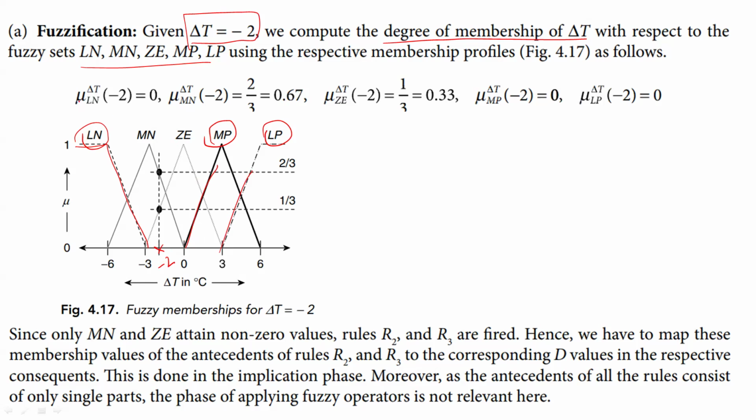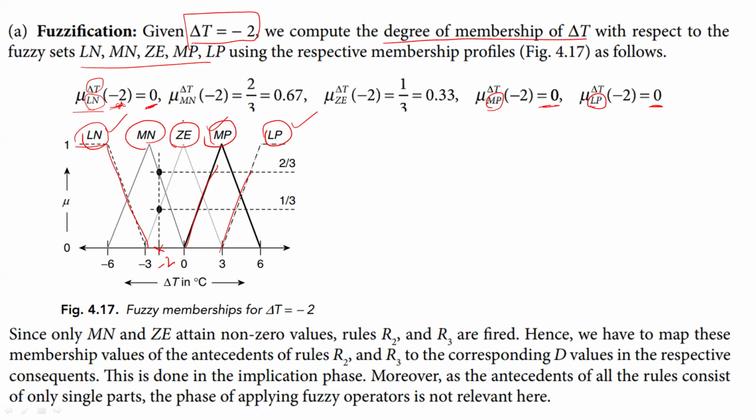So you can write mu of LN of -2, that is, the variable x is -2 here, the x-axis is -2, that is 0. Similarly, for MP also it is 0. For LP also it is 0. So you can see these three graphs do not have any membership value or any role in being the member of -2. Whereas the other two, that is MN, medium negative, and ZE, zero, have a particular membership value.